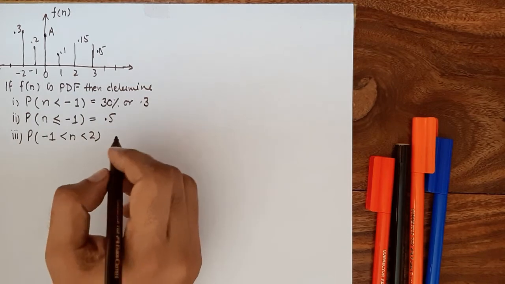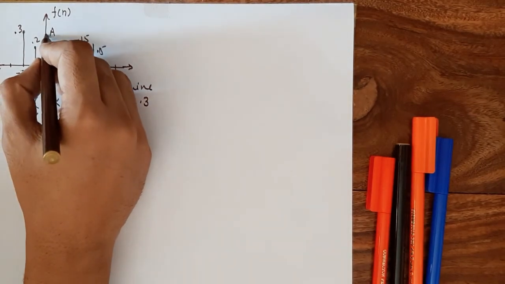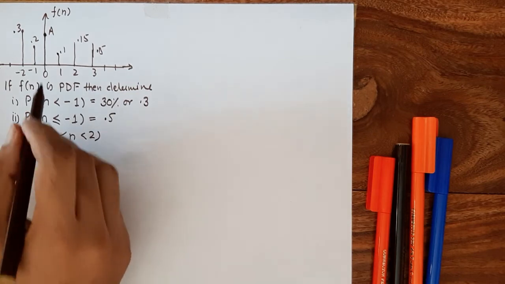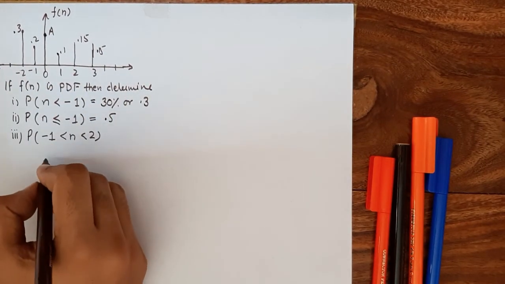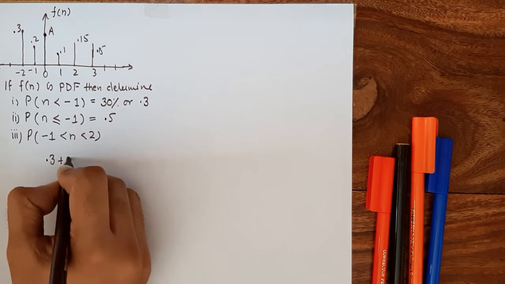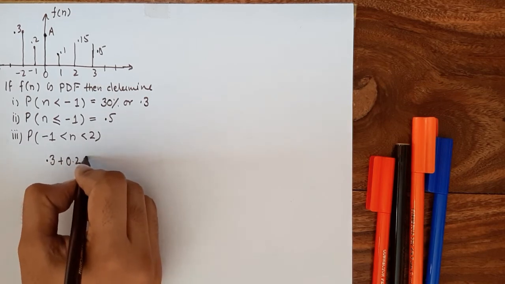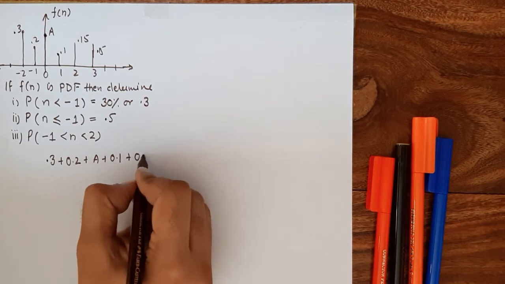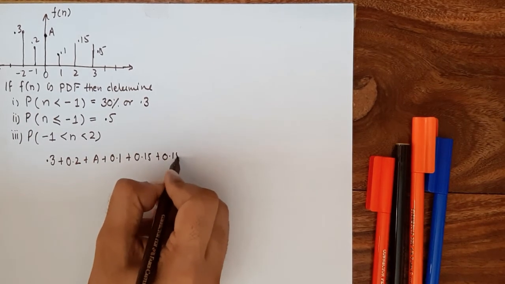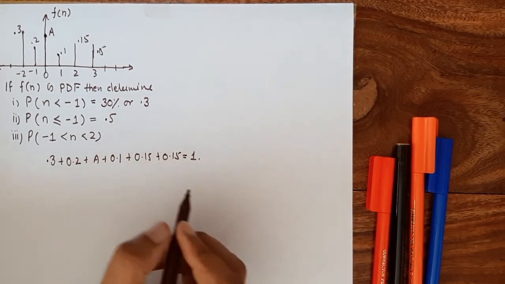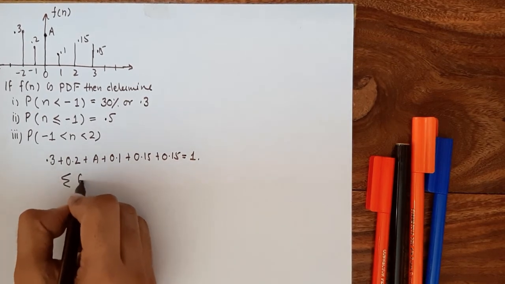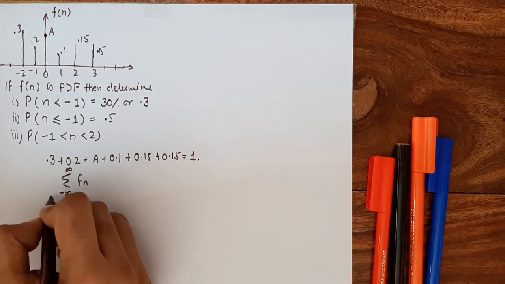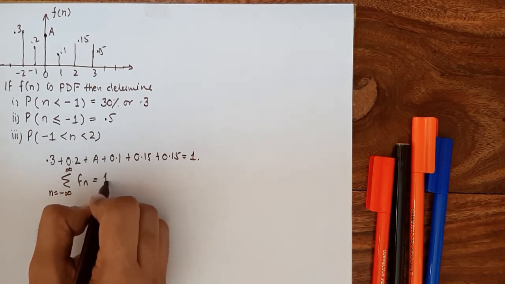So let us first calculate the probability of occurrence of 0. We know that the sum of all the probabilities is 1, so I can say 0.3 plus 0.2 plus a plus 0.1 plus 0.15 plus 0.15 is equivalent to 1. The summation of all this function ranging from -infinity to infinity is 1.